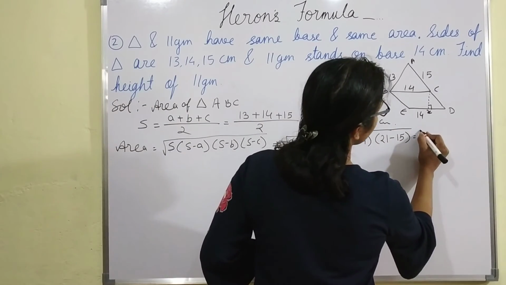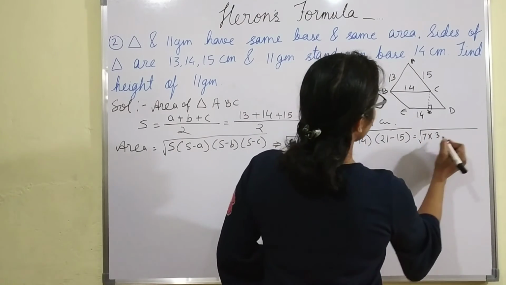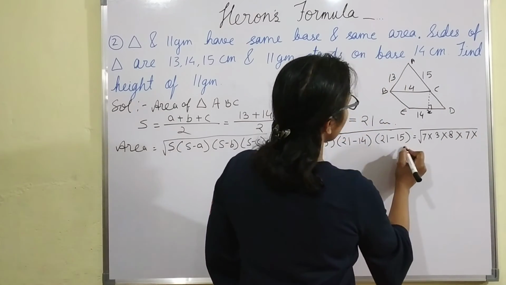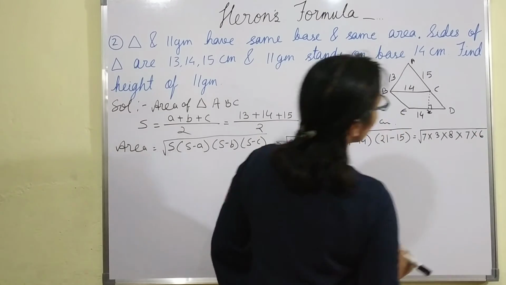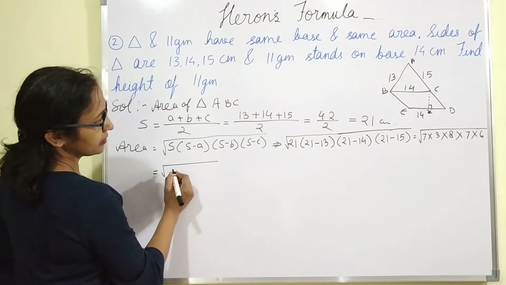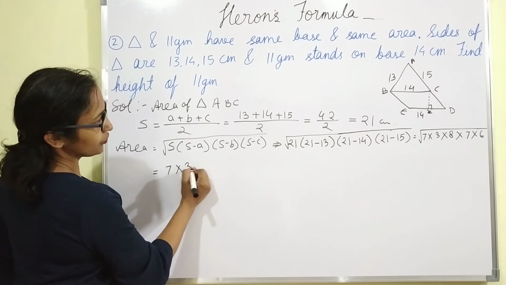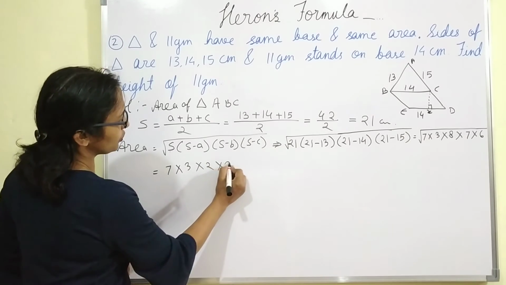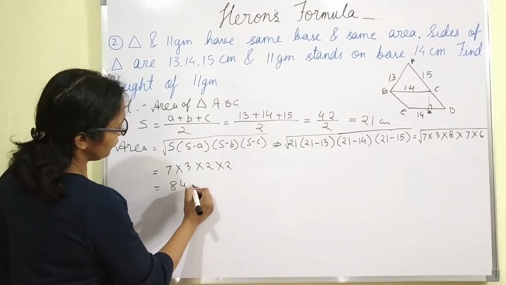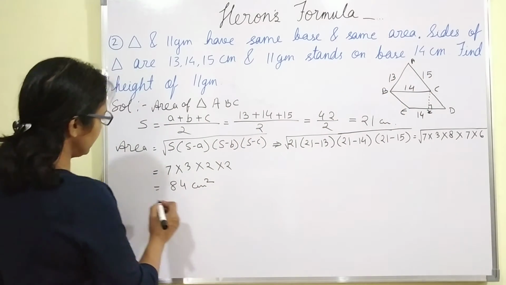So it is 21 into 8 into 7 into 6. Okay. So 7 into 3 into 2 into 2 into 7 into 3 into 2 into 2, which gives 84 centimeter square. So the area of this triangle is 84 centimeter square.